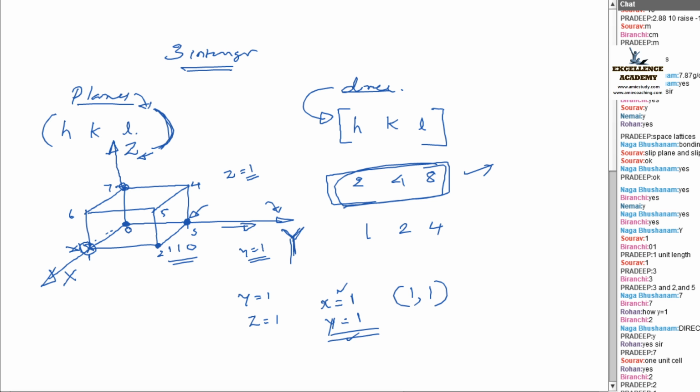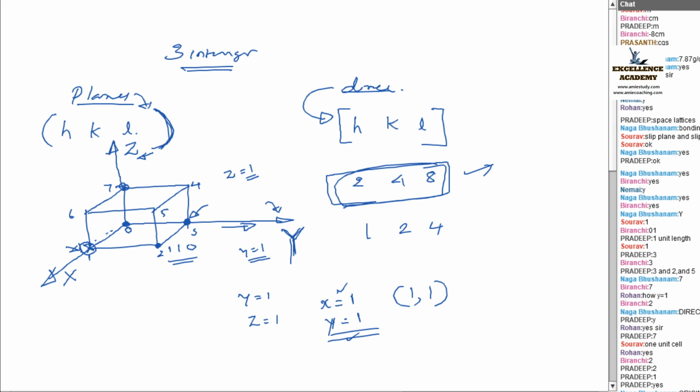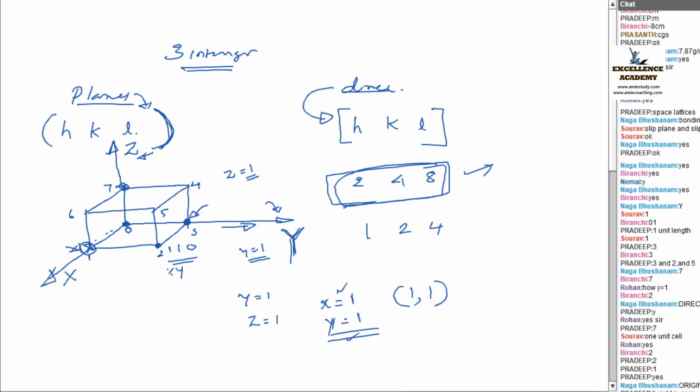Can I say that? What does this 0 represent? No, the z-axis. X, Y, Z. Is there any value for Z? No value is there for Z because this is the point.